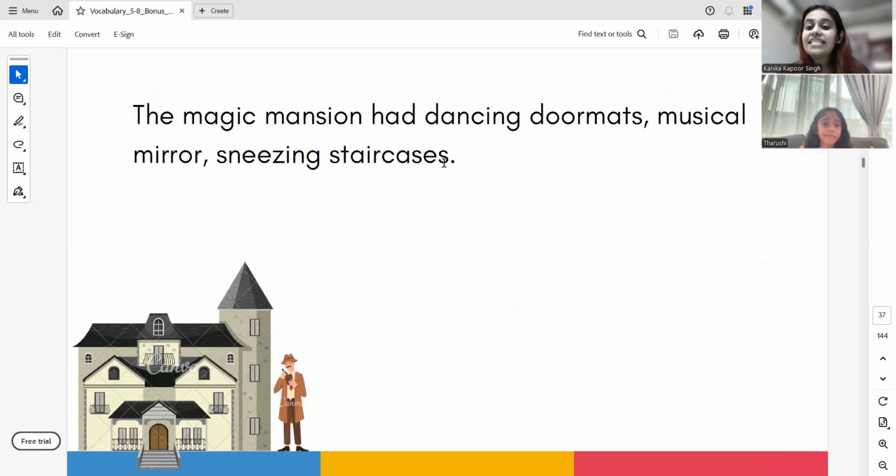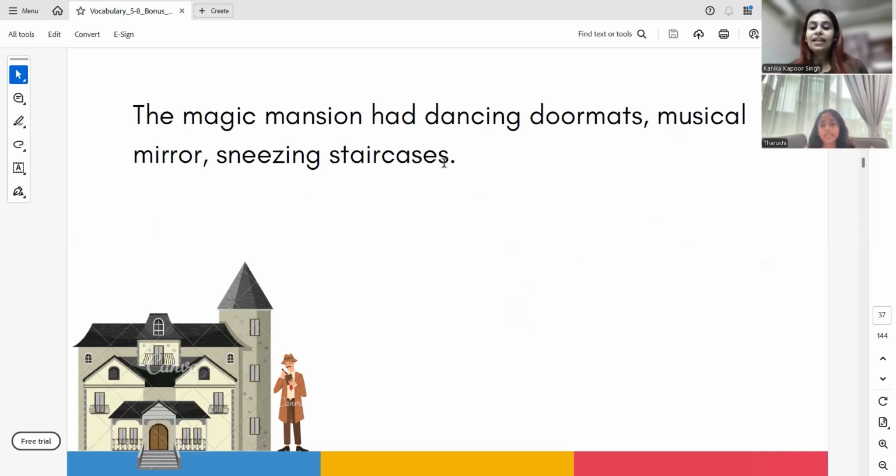Magic Mansion had dancing doormats. The doormats were dancing. Tum tum tum tum. Musical mirror, and sneezing stairs. The stairs used to sneeze. Achoo! Achoo! Because that magical mansion was full of magic, what were the doormats doing? Doormats were dancing.